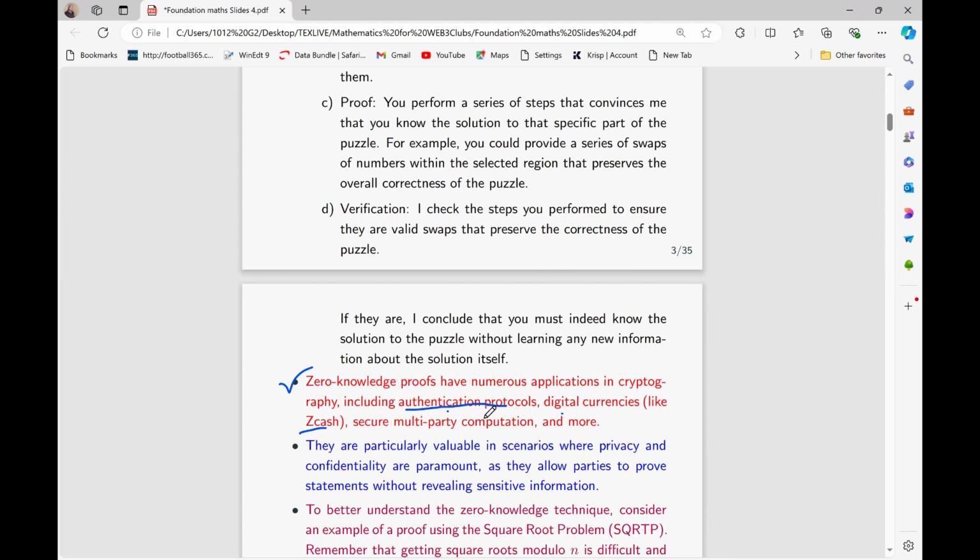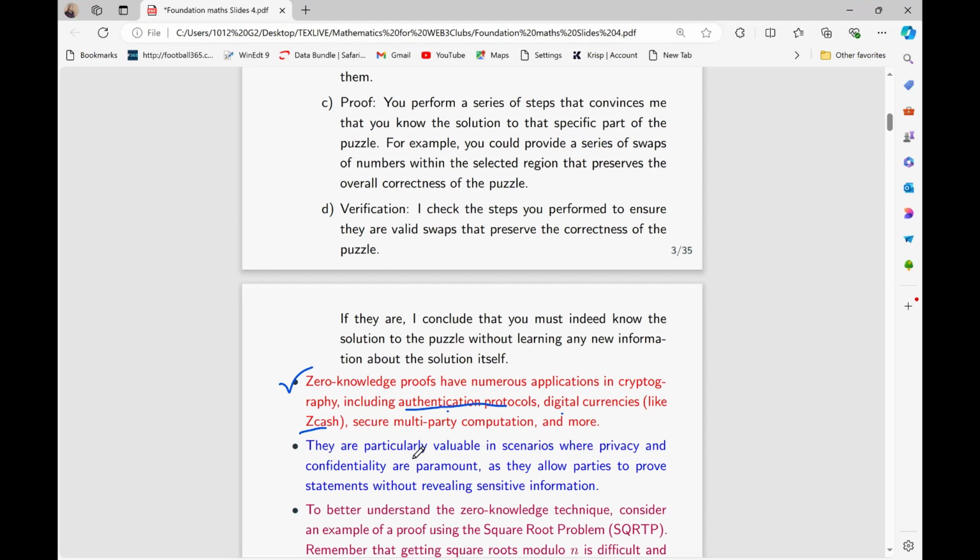There are so many, even Bitcoin and so on, which use zero knowledge. You are giving your information, for instance, and it's supposed to be kept a secret. But you don't give a lot of information. You only want to prove that you have this information.